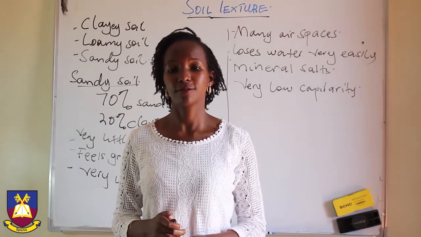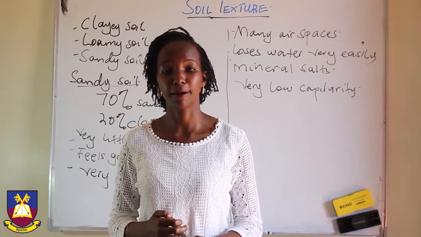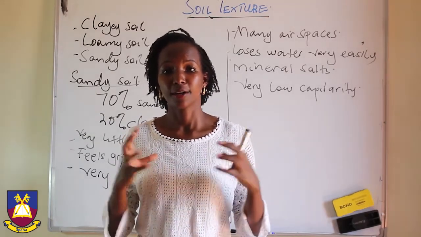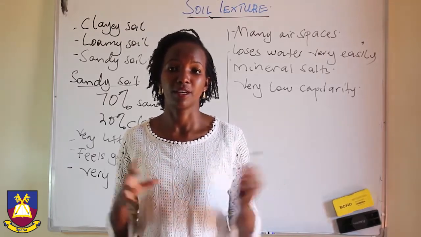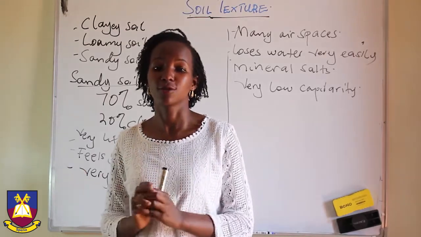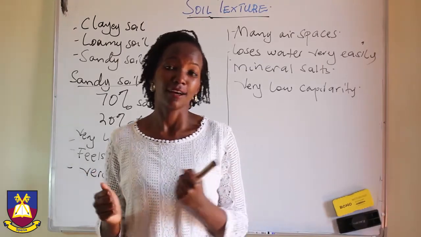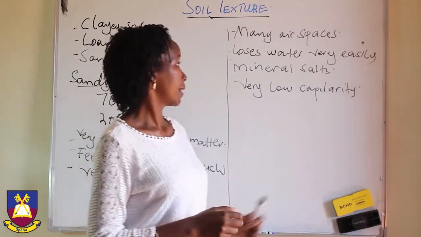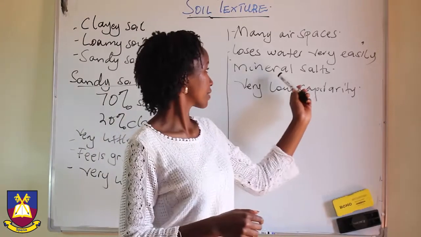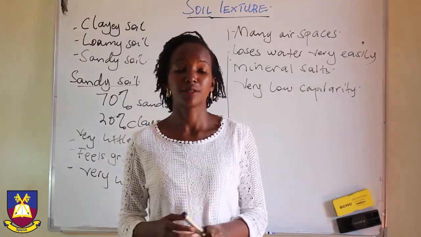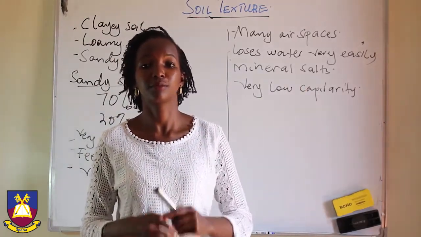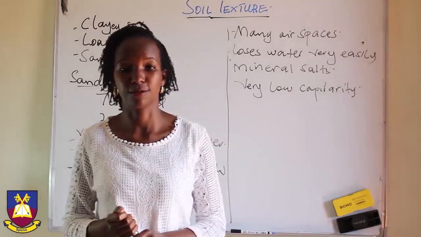Well, we can improve it to make it suitable for farming by adding more humus. So humus clamps the particles together, improving their retention of water, improving their capillarity, and therefore improving their retention of mineral salts. Then it can be very good for farming.